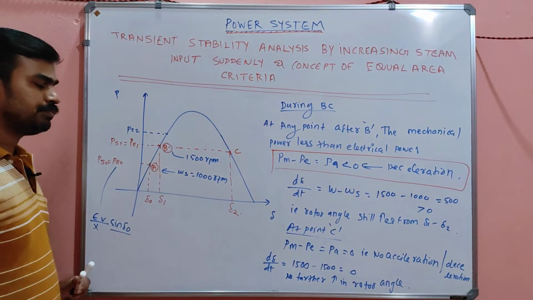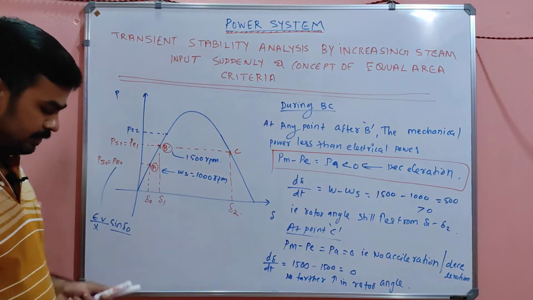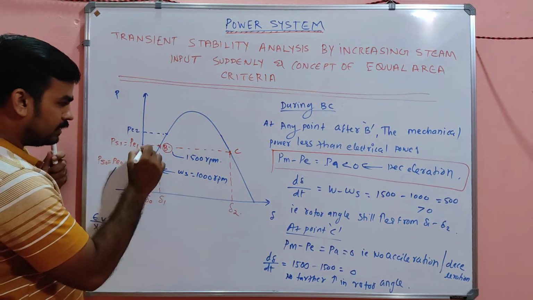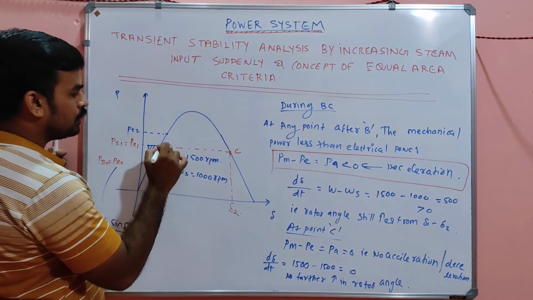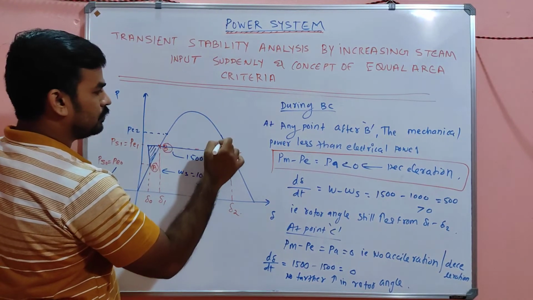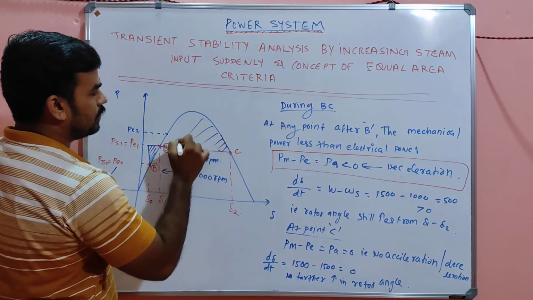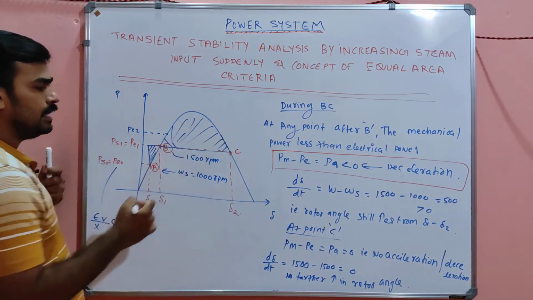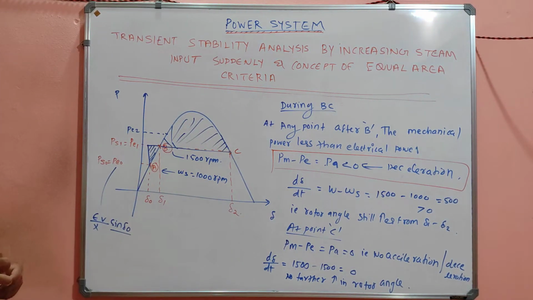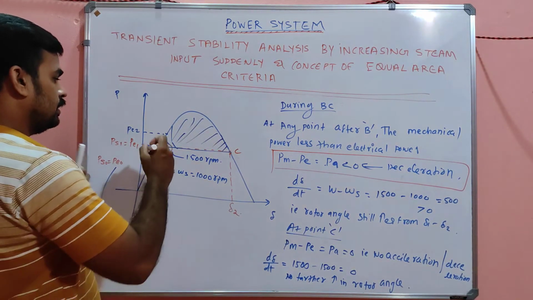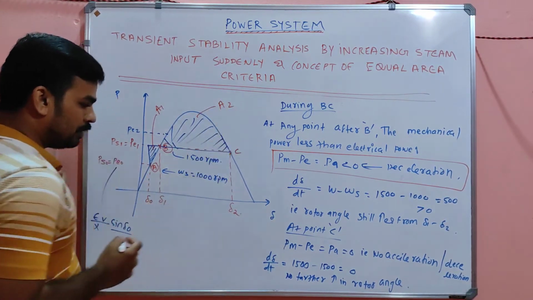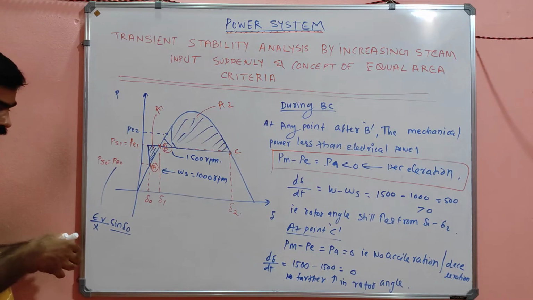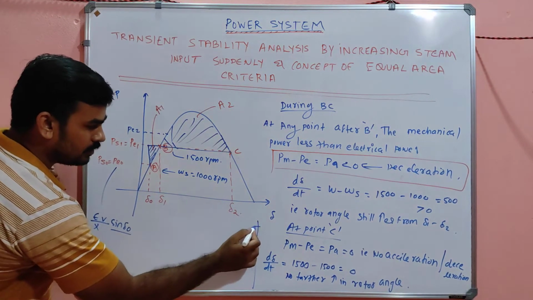So this area should be equal to this area. If these two areas are equal, suppose this is A1 and this is A2, then we can say, for stability, I can write here.